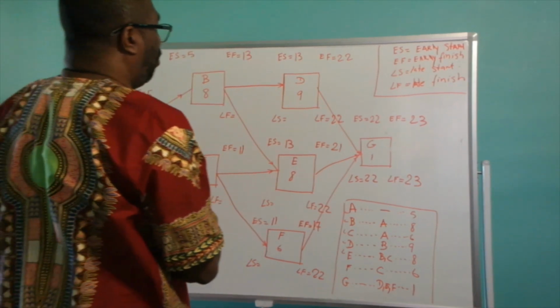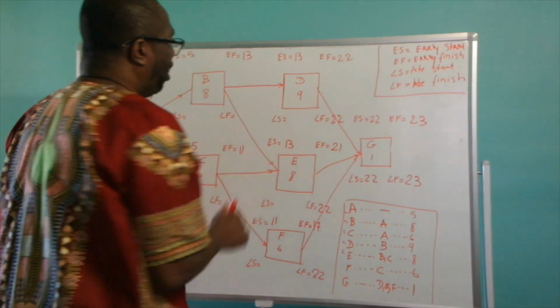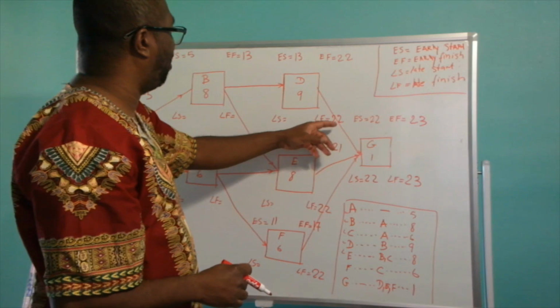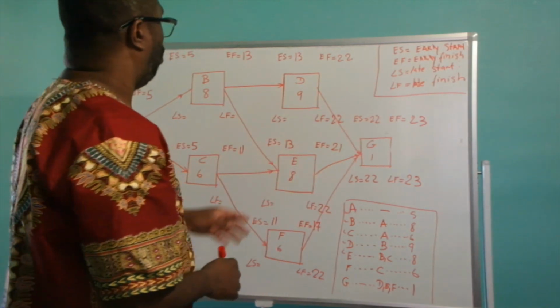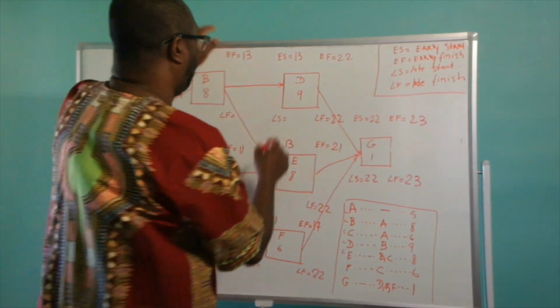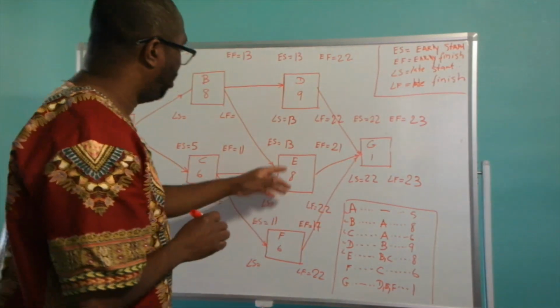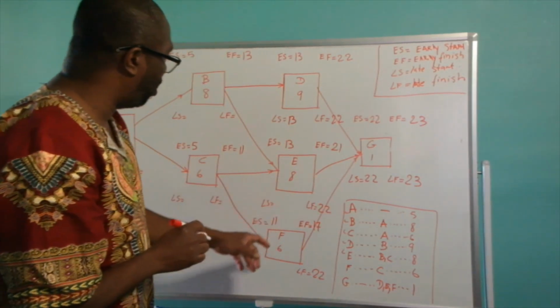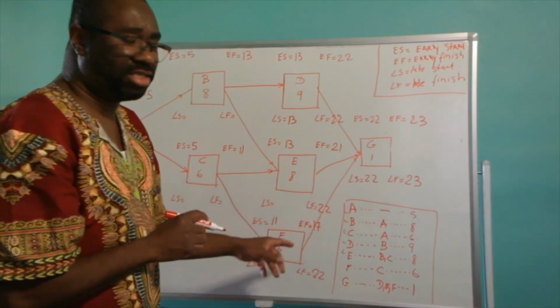But now we know that activity D has a duration of 9 days. So if we subtract 9 from 22, we are going to end up with 13. And for activity E, we're going to subtract 8 from 22, which is 14.